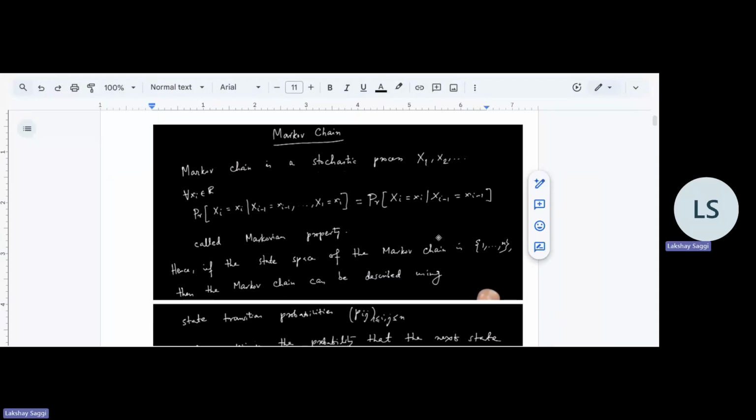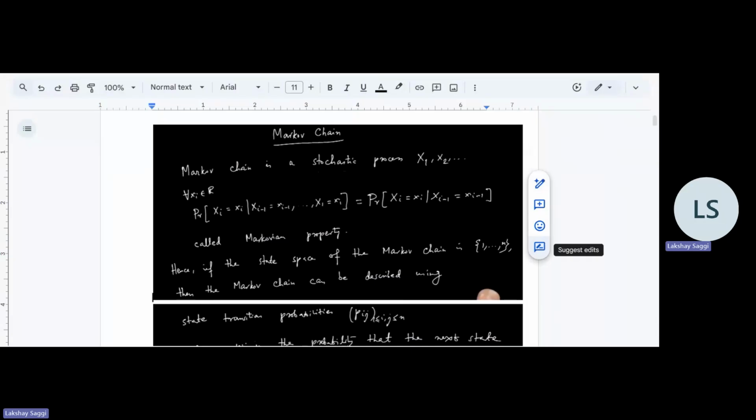So essentially, what's a really good thing about Markov chains is that to know what happens at time step i, you just need to know what happened at time step i minus 1. So Markov chains can be described very succinctly.